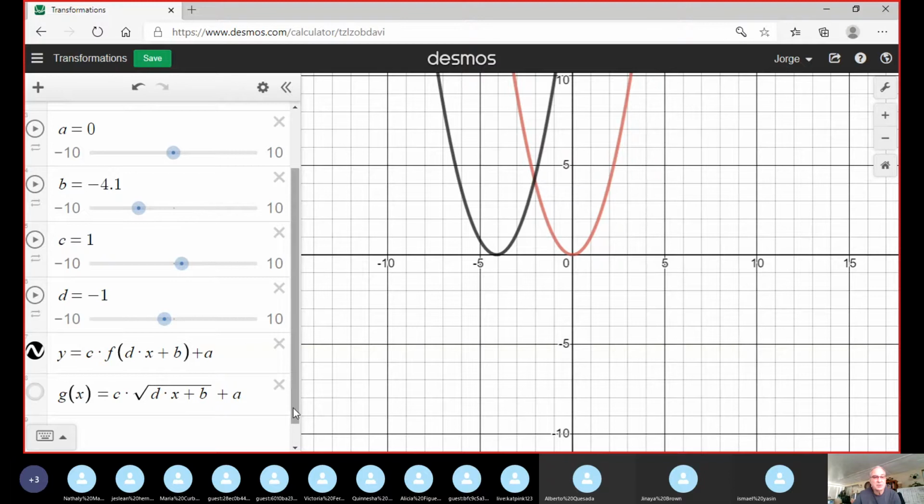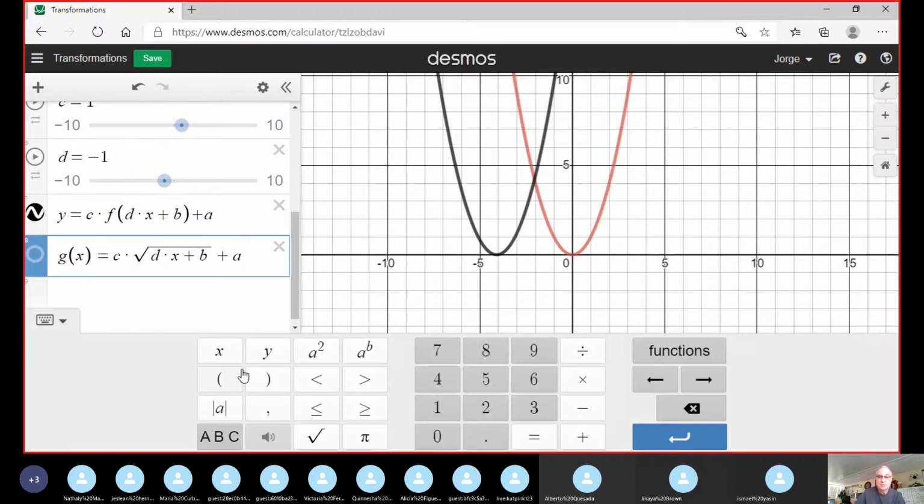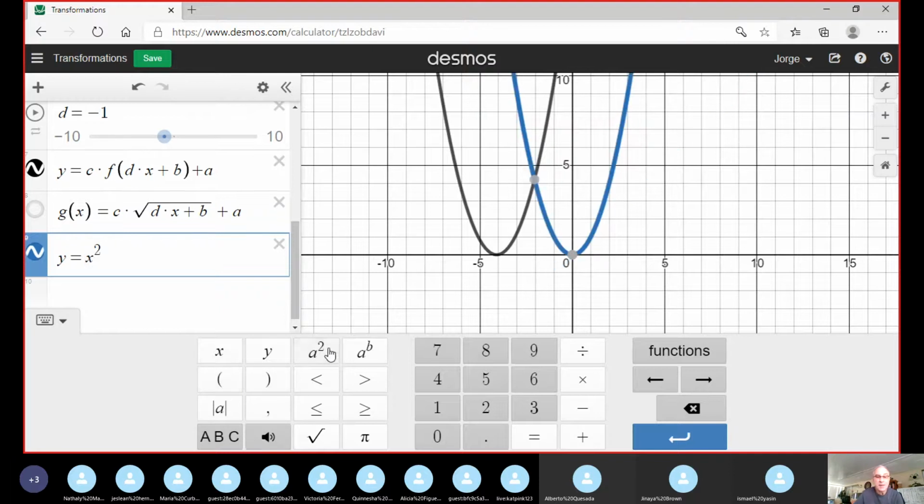Let me write here to understand much better. Okay, a new one. Suppose y equal x squared, but with parentheses, open parenthesis, x minus 2, for example.